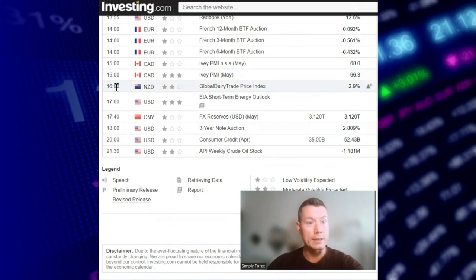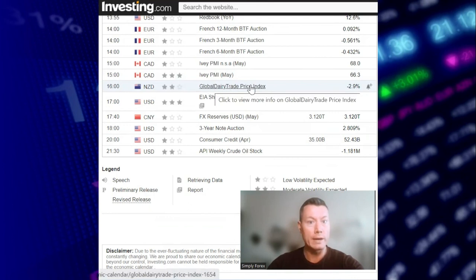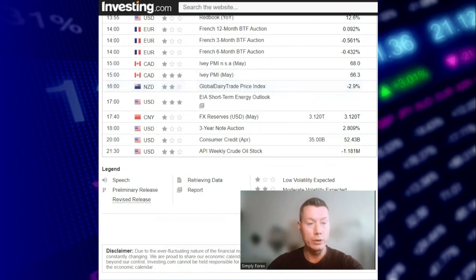It's worth mentioning this, guys: at 4 o'clock coming out of New Zealand, I know it's only a 2-star rating, but this global dairy trade price index is big news for the New Zealand dollar, so this could move the New Zealand dollar pairs. And finally, at 5 o'clock, we've got the short-term energy outlook coming out of the US, and this can move any US dollar pair.